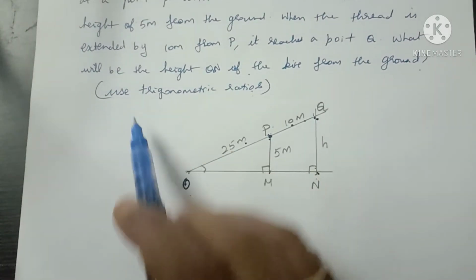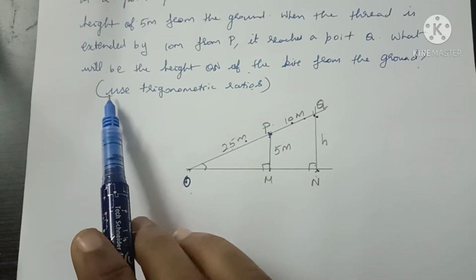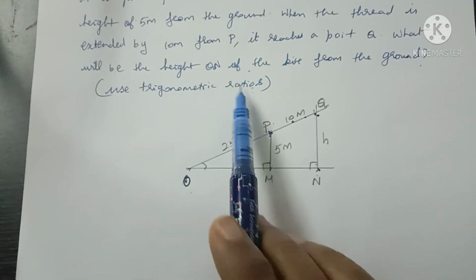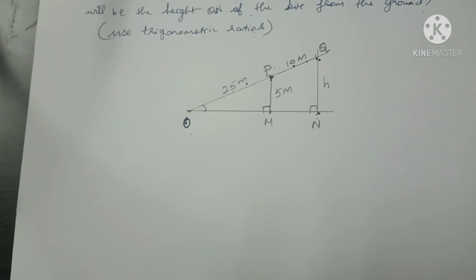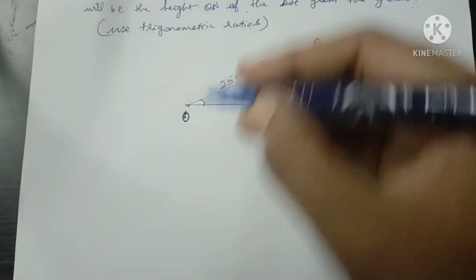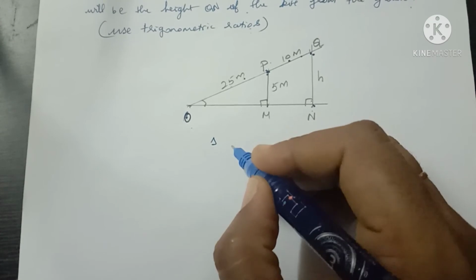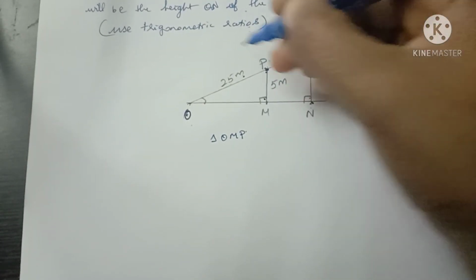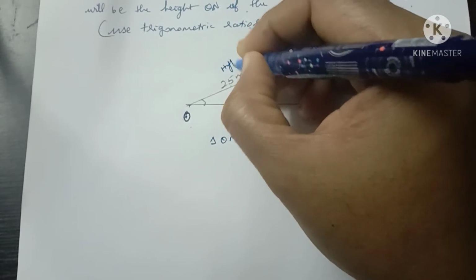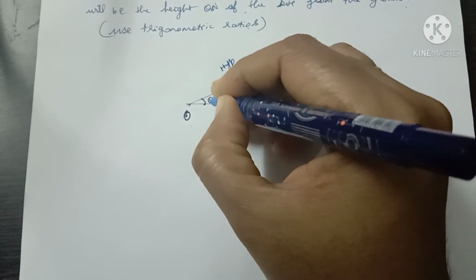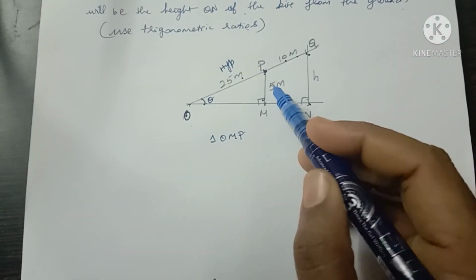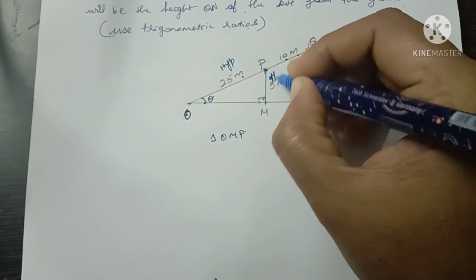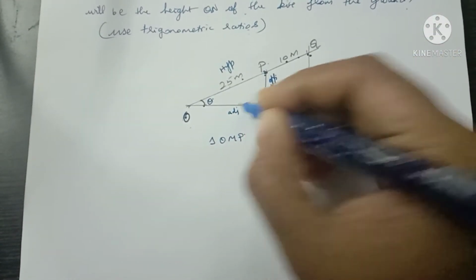They given the hint to use the trigonometric ratio. So if you take the triangle OMP, opposite to 90 is hypo and I am taking this angle as theta. Opposite to theta is opposite side. Then this is your adjacent side.